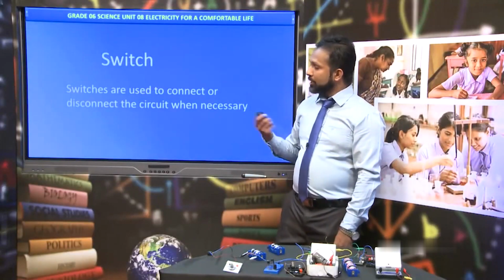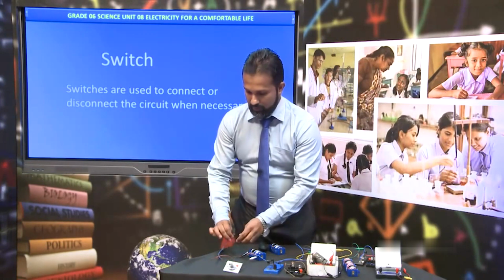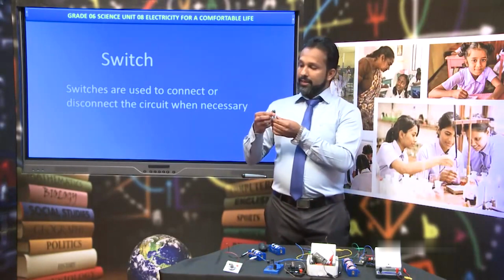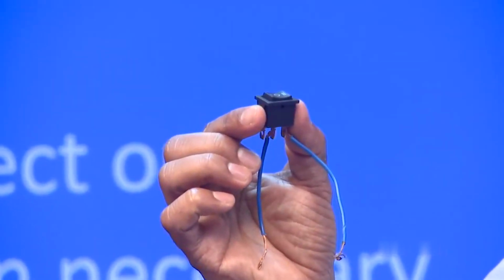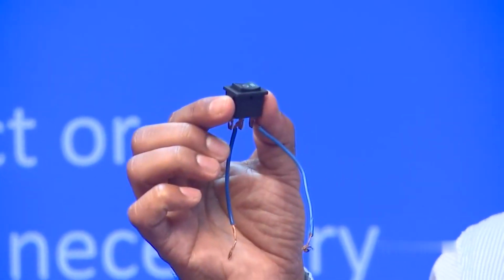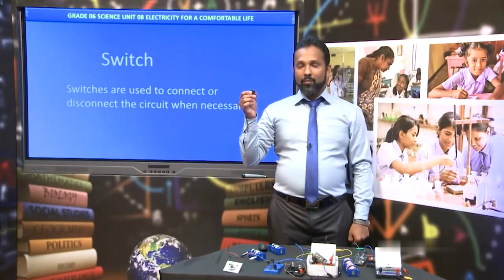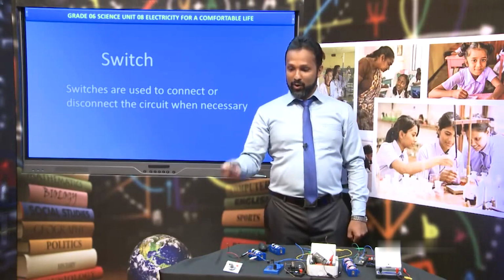Then switches. I am going to show you switches used in circuits. This is a very simple switch. You can watch this very carefully. And also, I am going to show you another switch that we use in our laboratory.